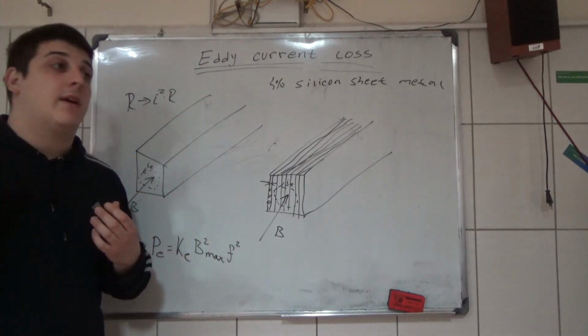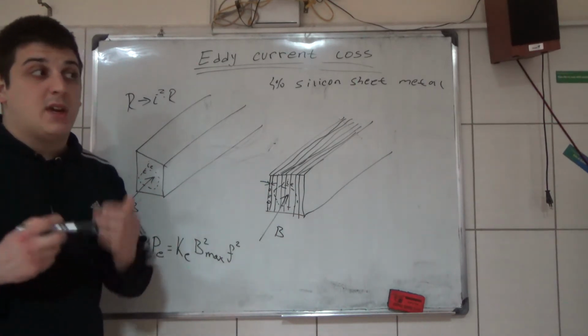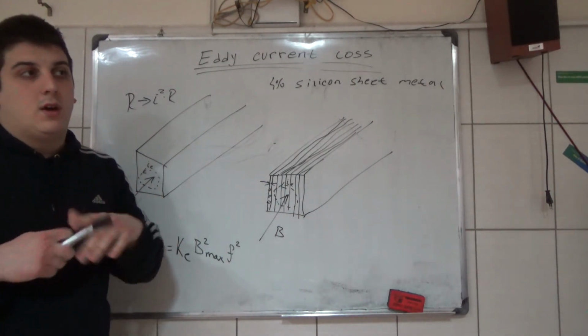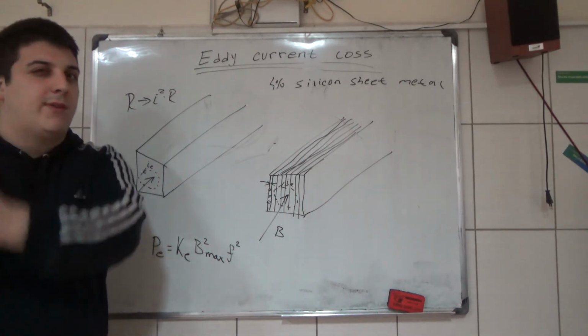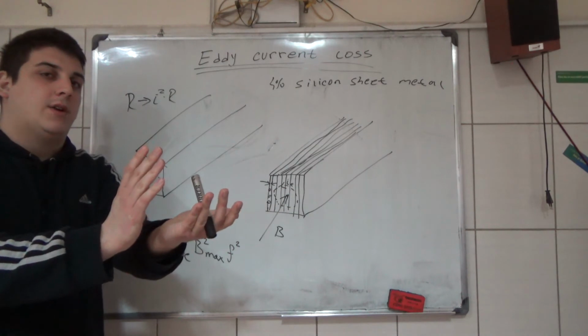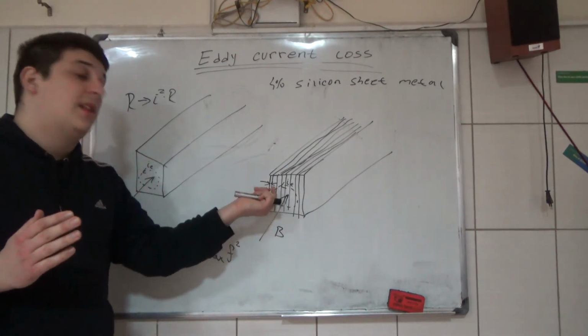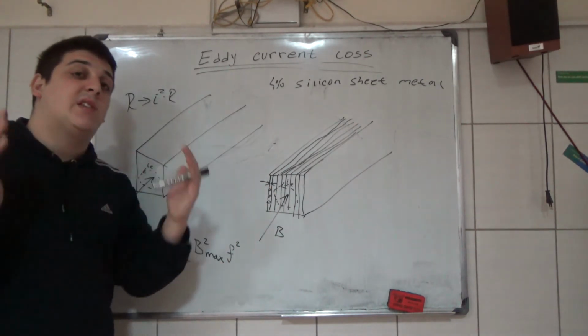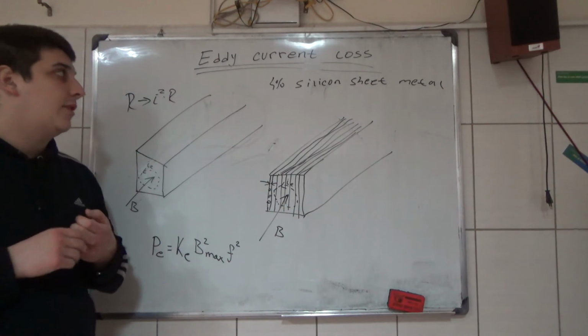For example, kilohertz, megahertz, gigahertz. But in electric machinery we usually have frequencies of about 50 to 60 hertz. That's why in electric machinery the laminating material is thicker than in electronic circuits. So this is the formula for the eddy current loss.